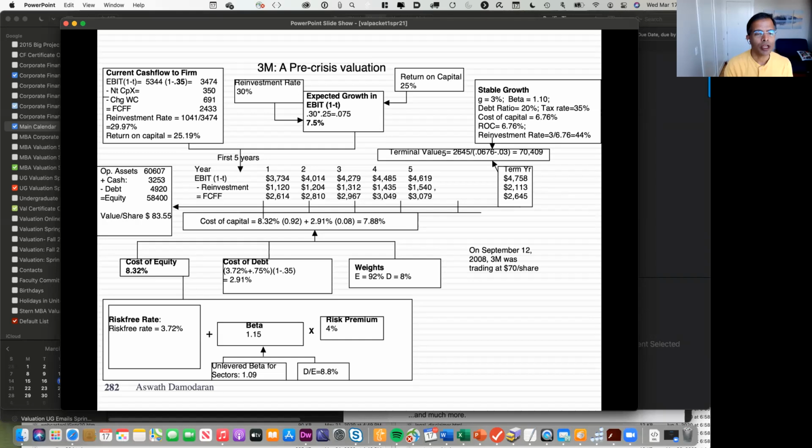So I'm telling a story of a well-run conservative company that's going to grow at about 7.5% a year before settling to stable growth. In fact, after the 5th year, I assume the competitive advantage will disappear. If I discount those cash flows back at the cost of equity before the crisis, 7.88%, the value per share that I got was $83.55.